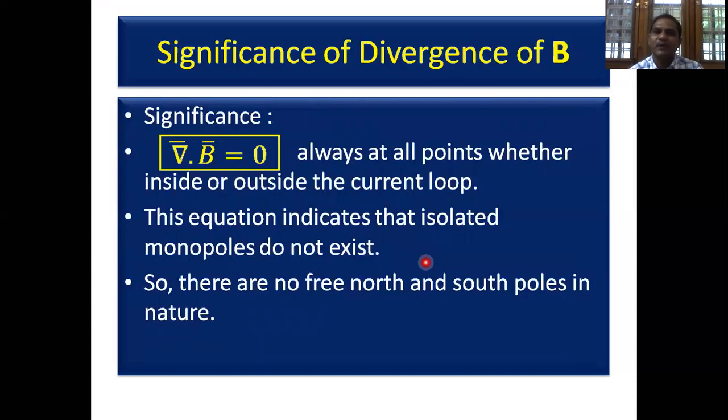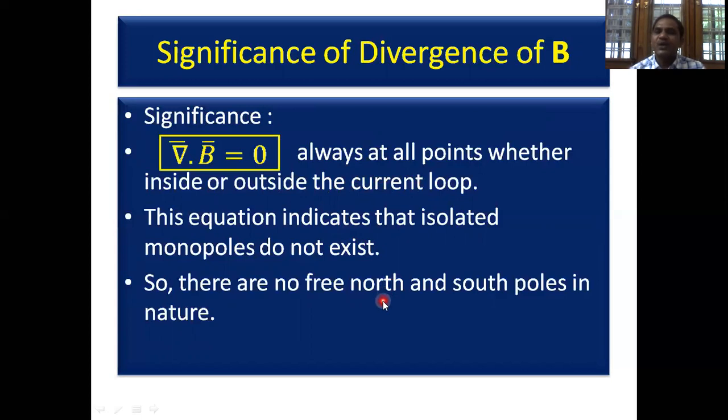You remember that point. So what is the significance? Let me repeat. When del dot B bar equals 0, that is divergence of B bar equals 0, it holds at all points, whether inside or outside the current loop. The second one, this equation indicates that isolated monopoles do not exist.